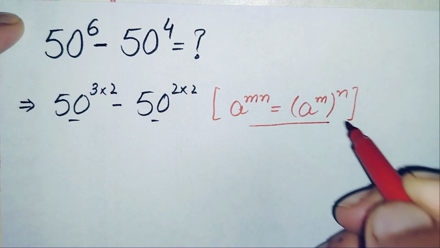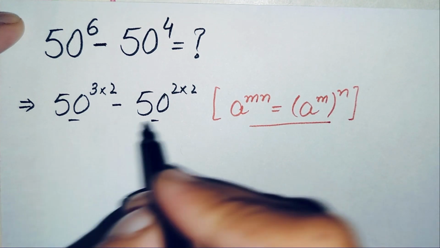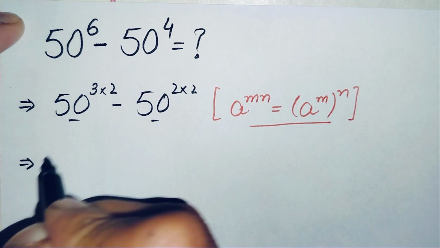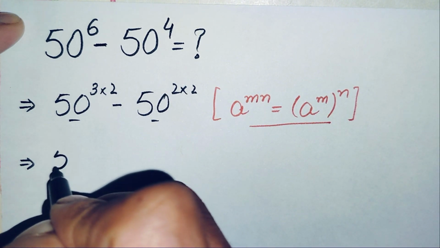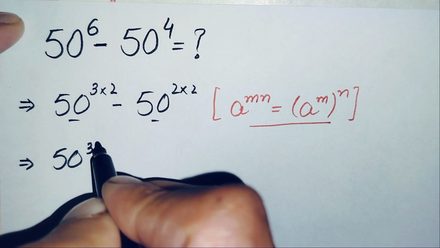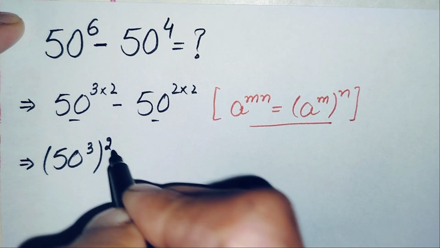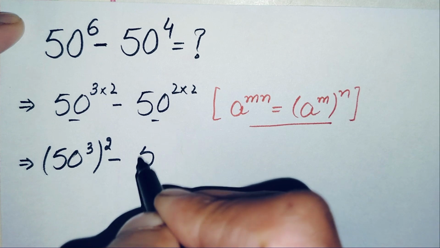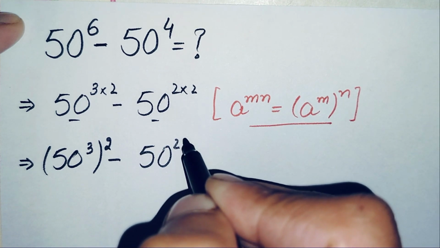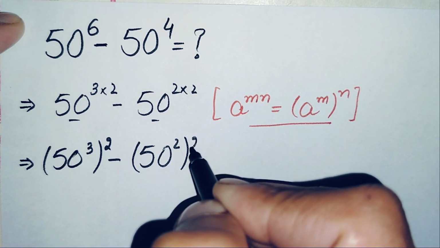Now using this identity, this will become 50 raised to power 3 whole square minus 50 raised to power 2 whole square.